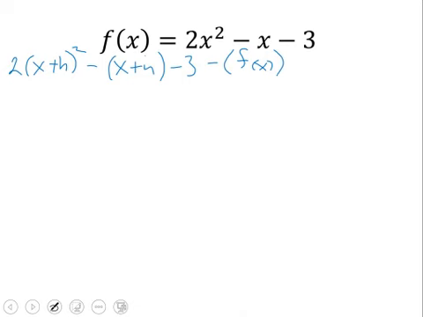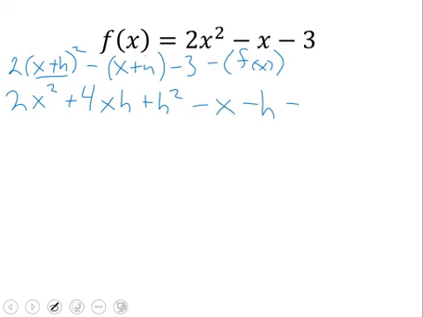Now when we multiply out this part, we end up with x squared plus 2xh plus h squared. And so I'm going to multiply the 2 in there to get it. And now I'm going to distribute that negative, x minus h minus 3. And then we have a minus 2x squared plus x plus 3. And so I've distributed the negative into each one of those. Okay, and that's what's happened.